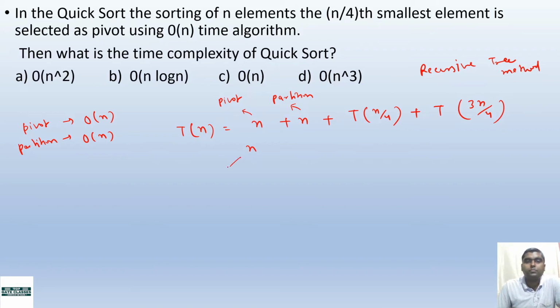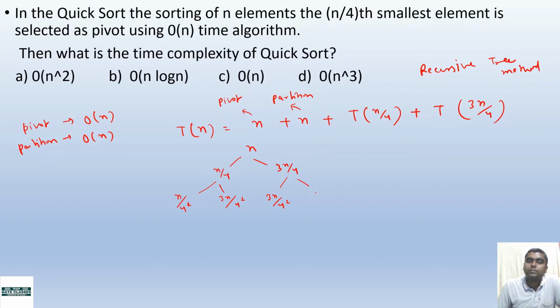N. So we are dividing it into n by 4 and 3n by 4. And similarly, this n by 4 is again divided into n by 4 square and 3n by 4 square. So this is again n by 4, so n by 4 means 3n by 4 square, and this is again 3n by 4.